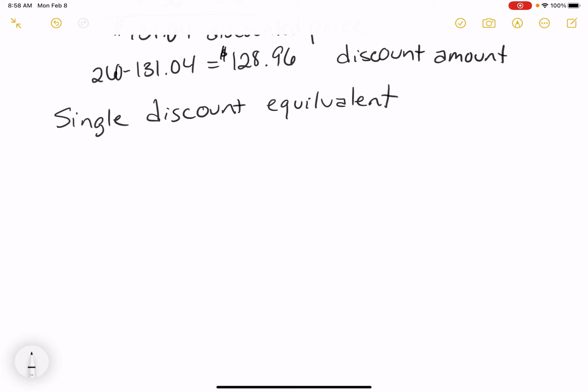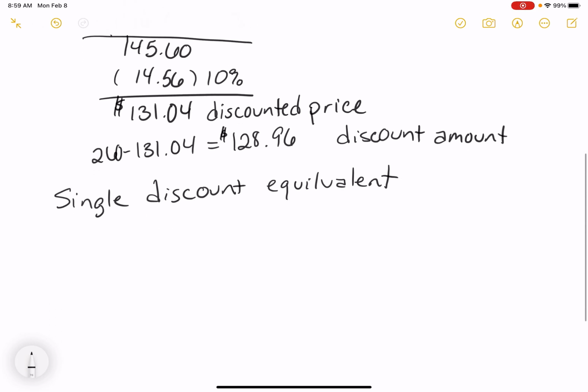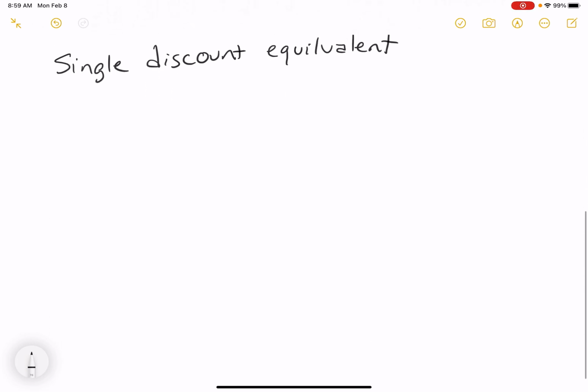So instead of taking it step by step by step, you can get the single discount equivalent. There are 3 ways to figure this out. Some of them are harder than others. If you look at page 434, see how it has A, B, and C? These are the 3 different methods to figure out your single discount equivalent. And the point of the single discount equivalent is to avoid all of this work, to just find one percentage that you could then use.